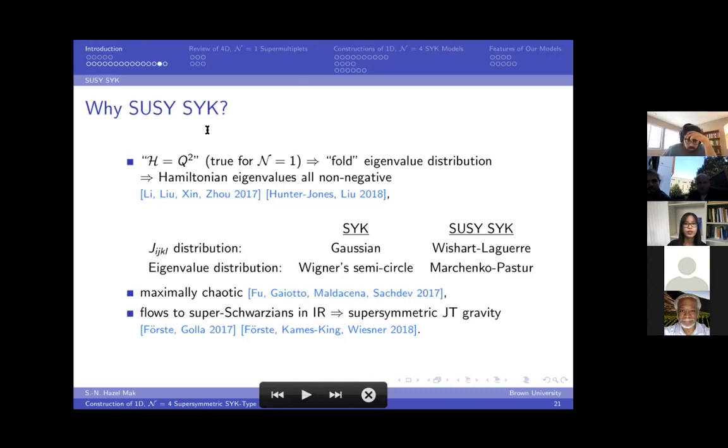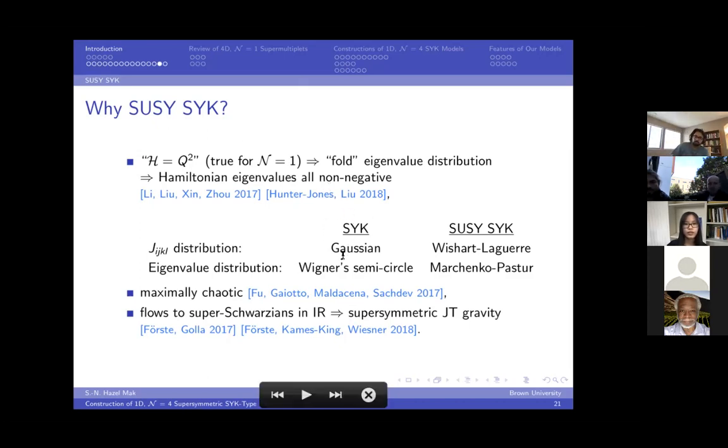An intuitive way of thinking about it is that in the N equals 1 case, for example, the Hamiltonian is the supercharge squared, and the distribution of the supercharge coupling is Gaussian random. So you have a Gaussian random distribution, and then you square it, so you kind of fold the eigenvalue distribution. All of the eigenvalues become non-negative.